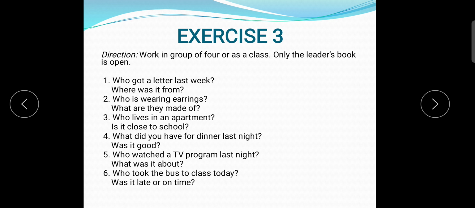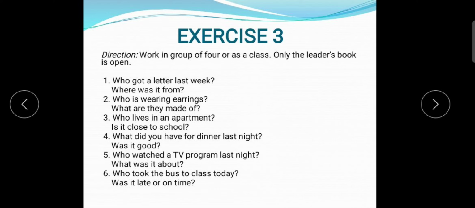Exercise 3. Direction: work in a group of 4 or as a class. Only the leader's book is open. So, there will be a leader. The leader directs the question to the group as a whole or sometimes to a particular student.